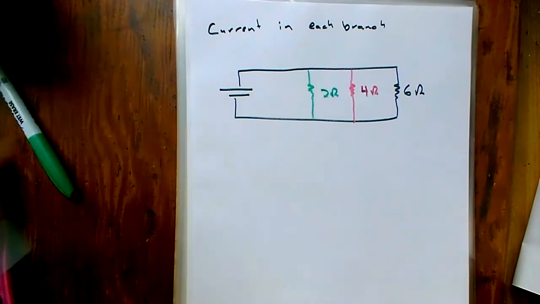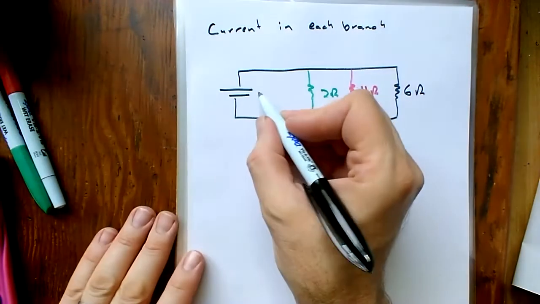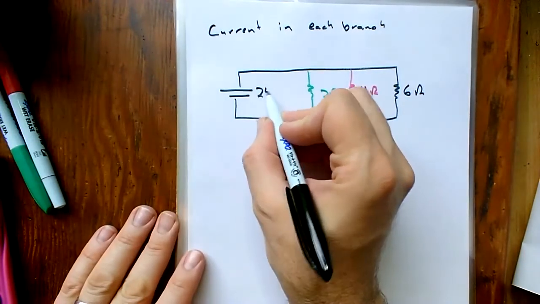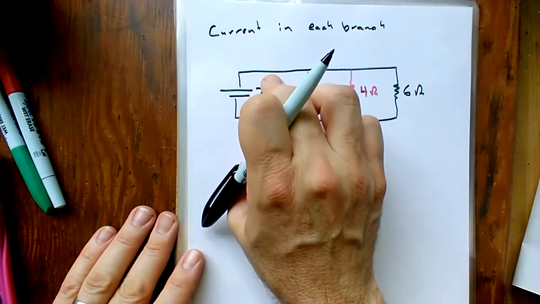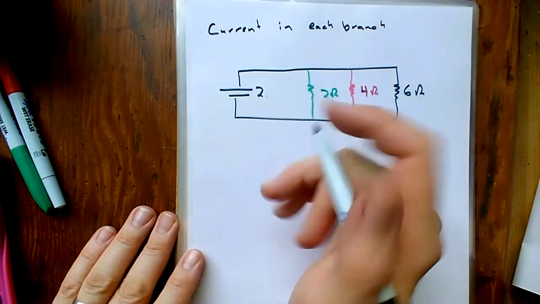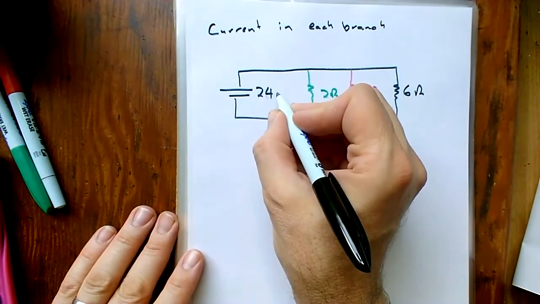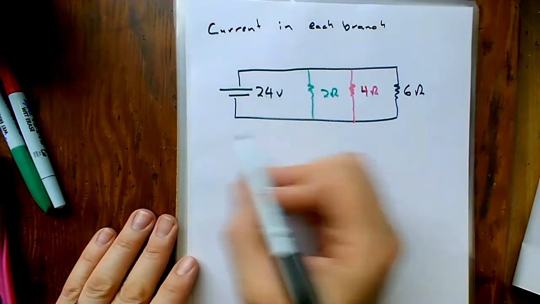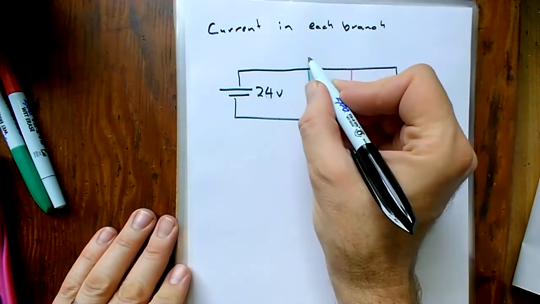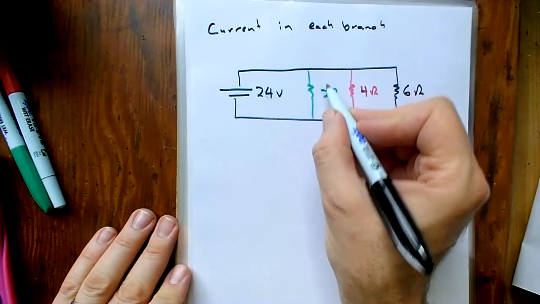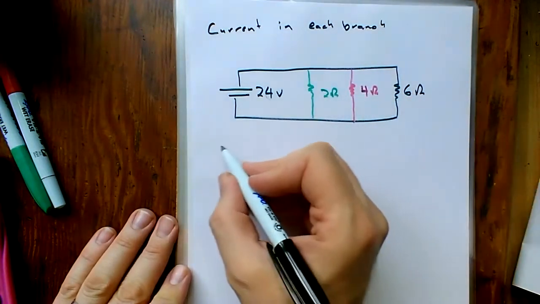Let's say I've got a total voltage of 24 volts. Here I'll call this branch 1, because here I've got resistance 1, resistance 2, resistance 3.